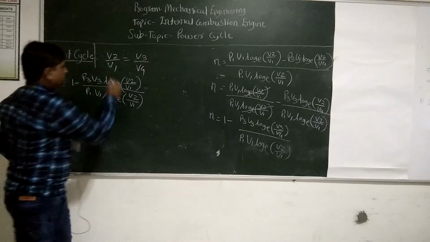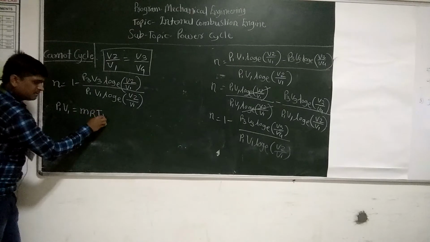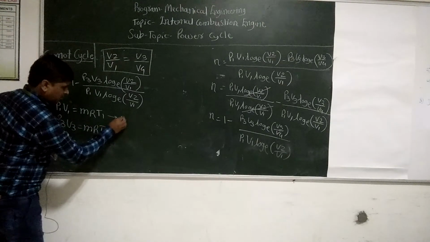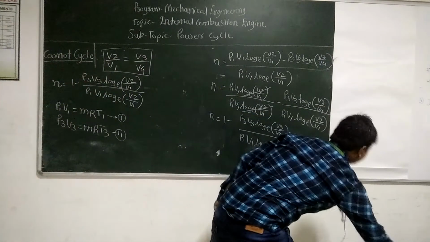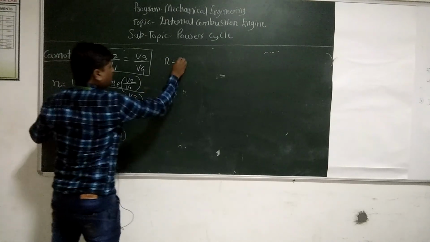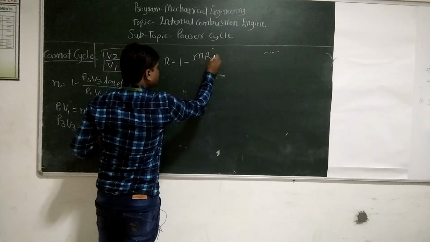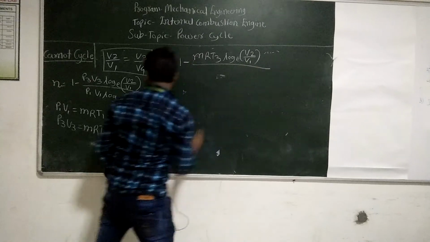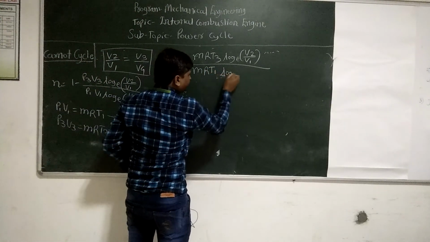Next we know that P1 V1 is equal to m R T1 and P3 V3 is equal to m R T3. Putting these in the efficiency formula, efficiency is equal to 1 minus m R T3 log of e V2 upon V1, divided by m R T1 log of e V2 upon V1.